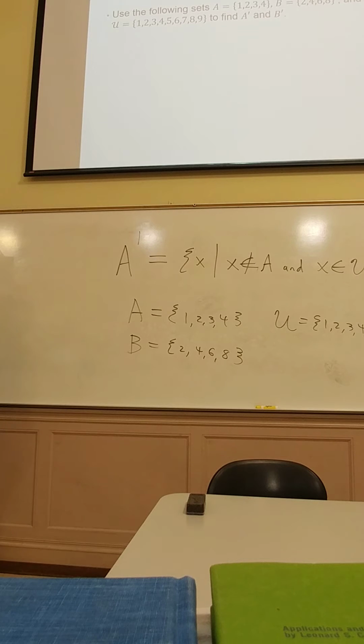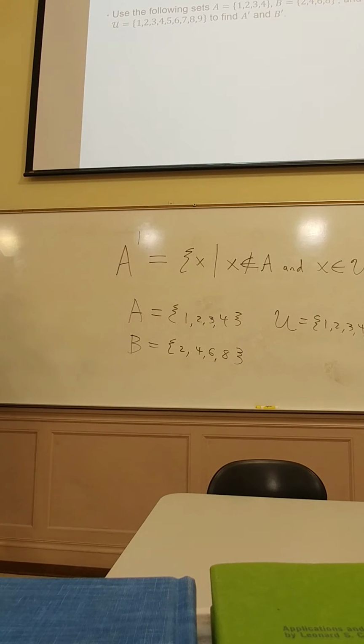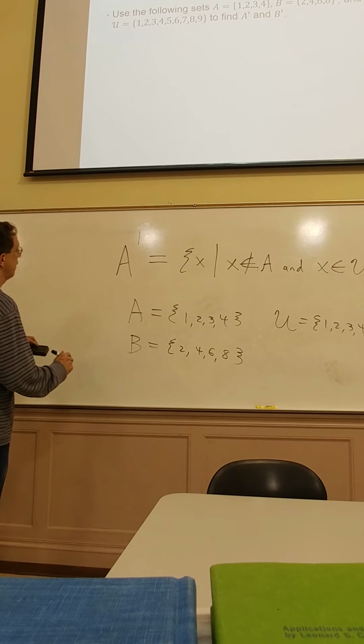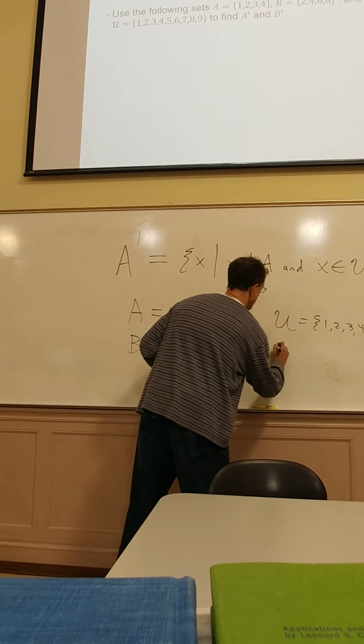So we're going to find the complement of A and the complement of B. And actually, you may not be able to see that. Let me move that over. I think I'm off the camera. I'll put it here.